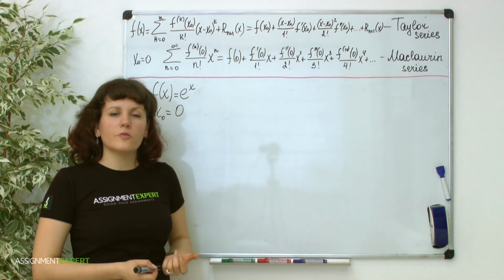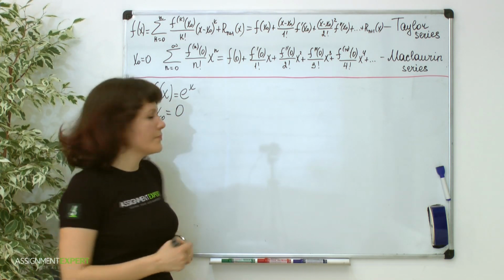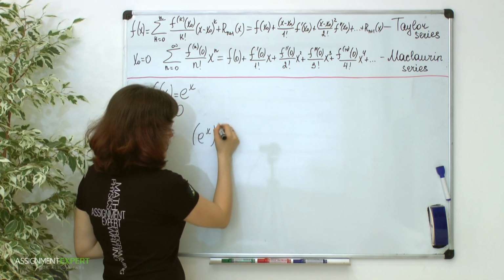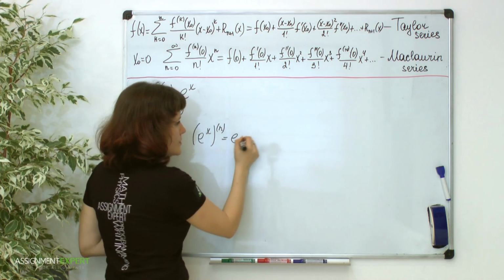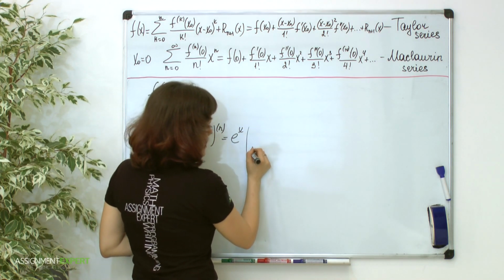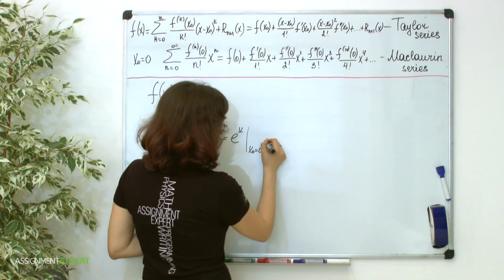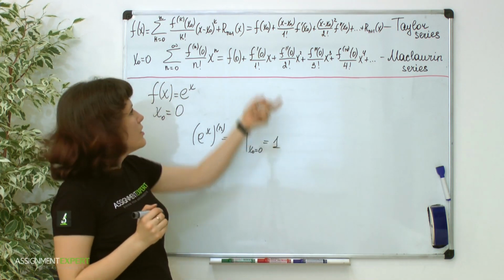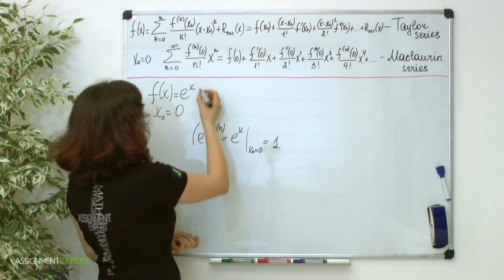First of all, we need to find derivatives of our function. But as we know, the nth derivative of exponential of x equals exponential of x, and at the point 0 that is equal to 1. Let's substitute this into our general formula.